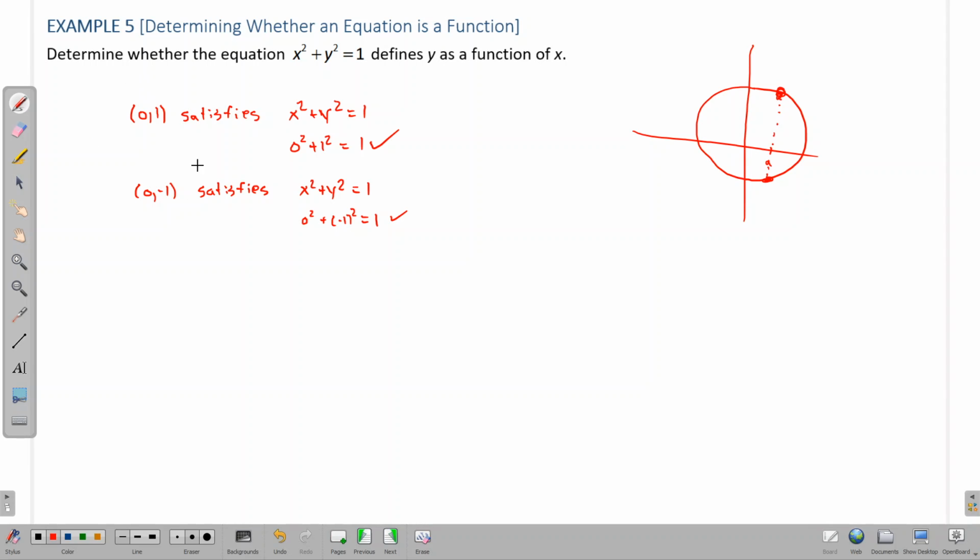This is a problem. We can't have this. We have an input, 0, that gets mapped to two separate outputs. An x value that has two different possible y values. So therefore, x squared plus y squared equals 1 does not define y as a function of x.